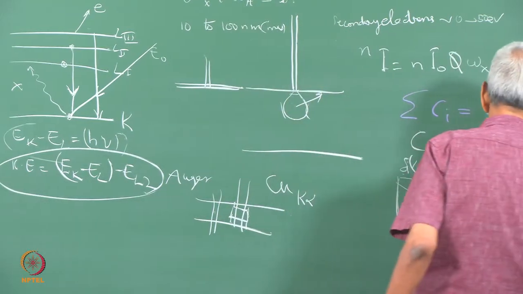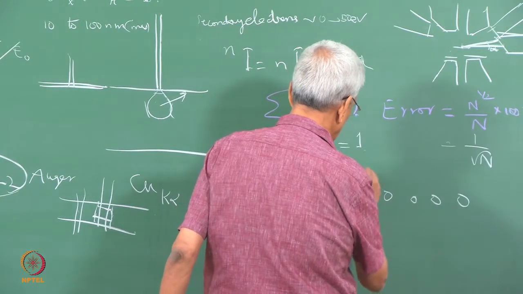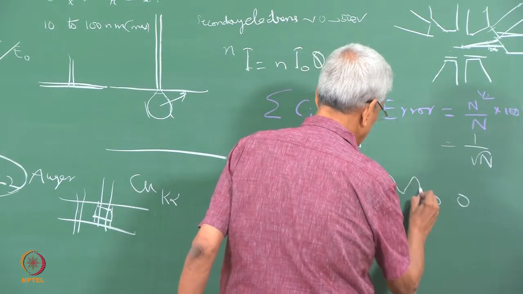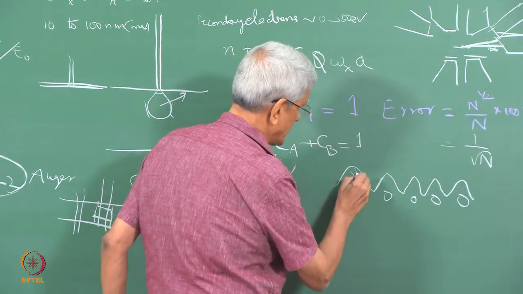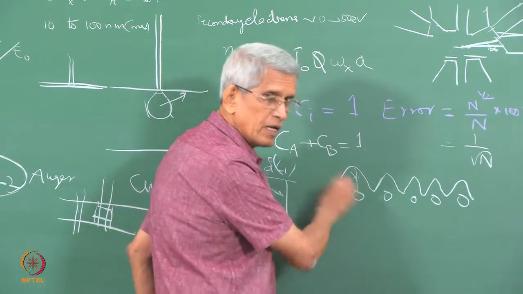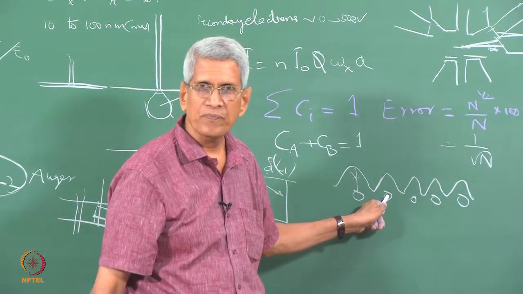Suppose these are all the atoms which are there, and this is the way the electron distribution is going to be, for one of the Bloch waves. Since the intensity of the electron is maximum here, the possibility of interacting with the atom is very high in this particular case.